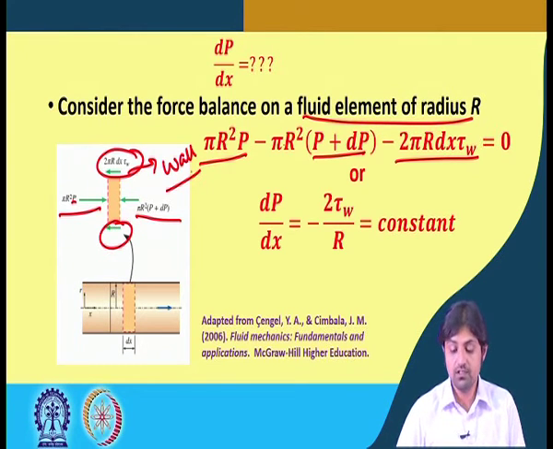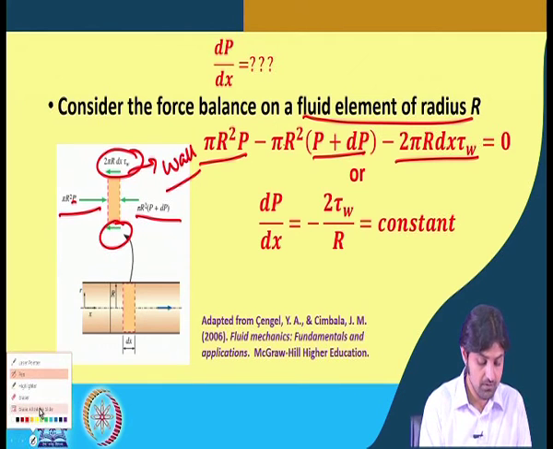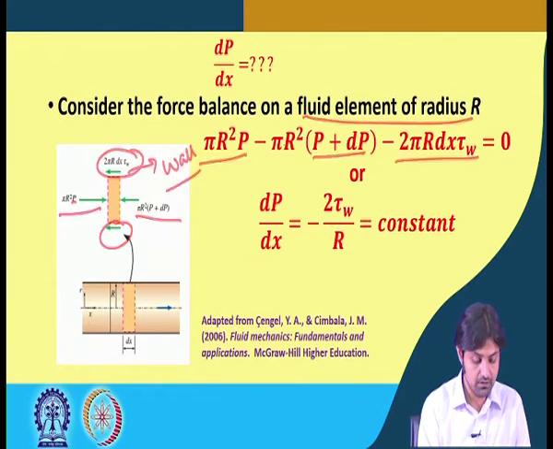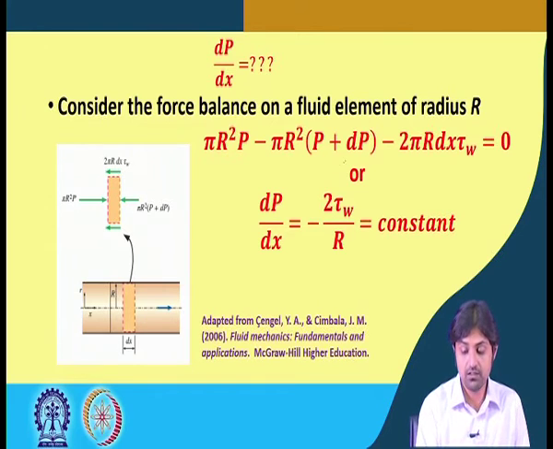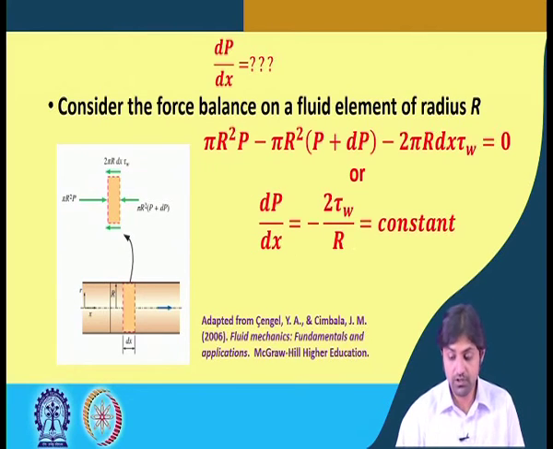So what we get, if you see the equation, is dP by dx is equal to minus 2 tau w by r, which is a constant.